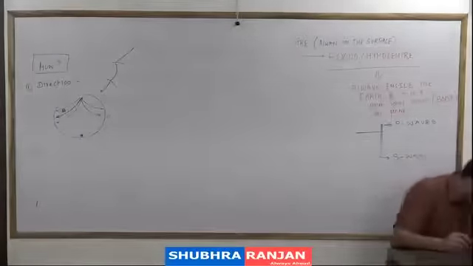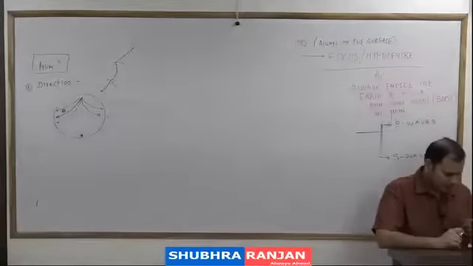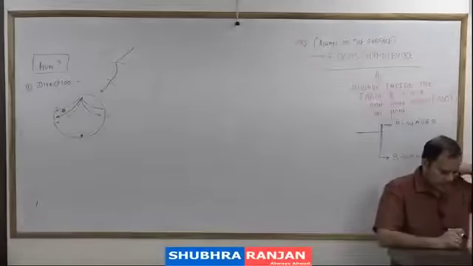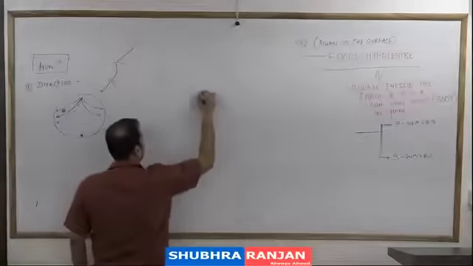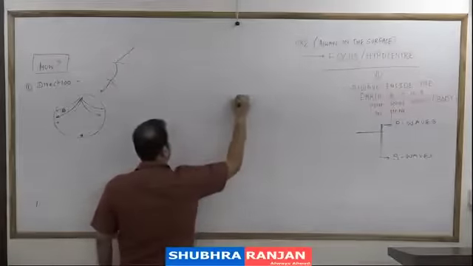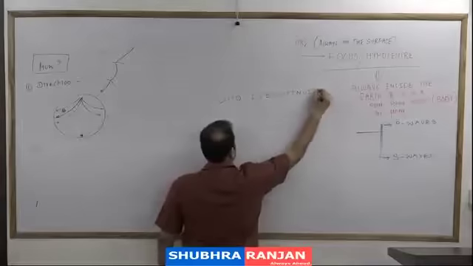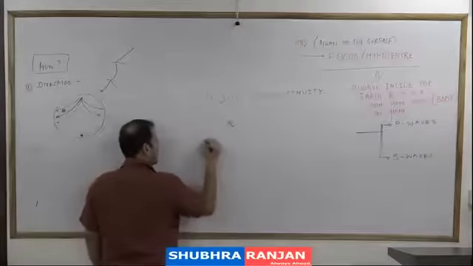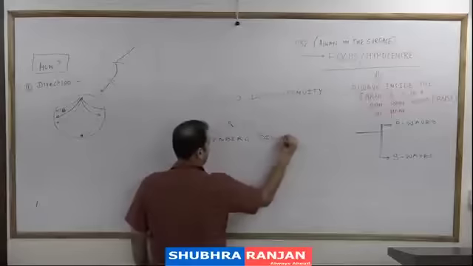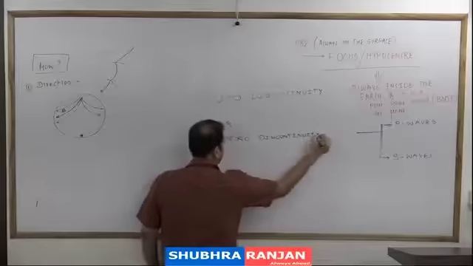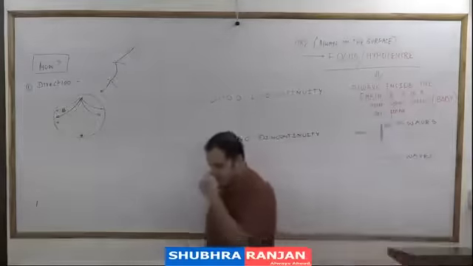These boundaries of crust-mantle and mantle-core are known as Moho discontinuity and Gutenberg discontinuity respectively.